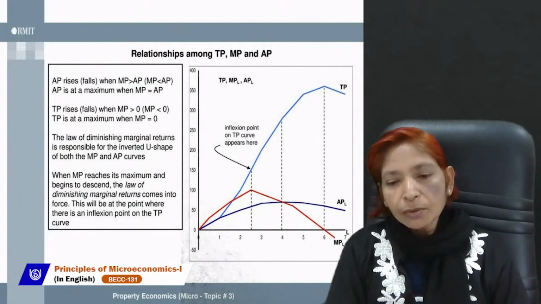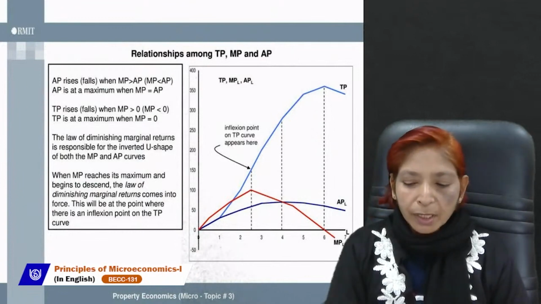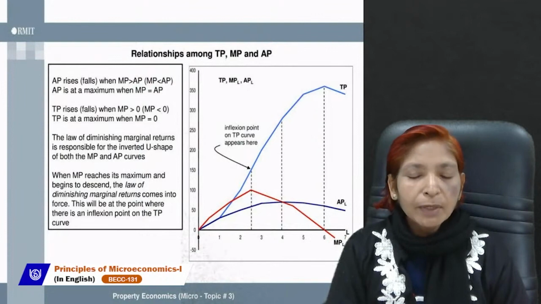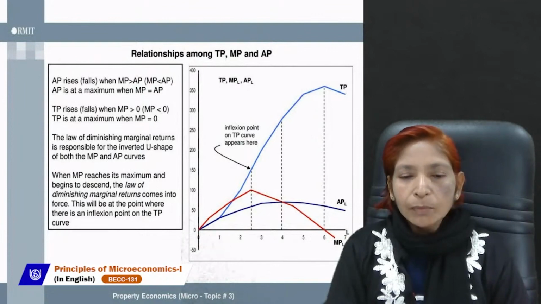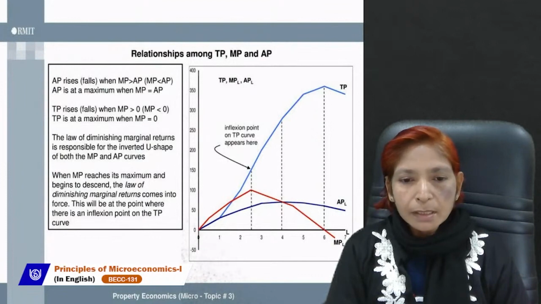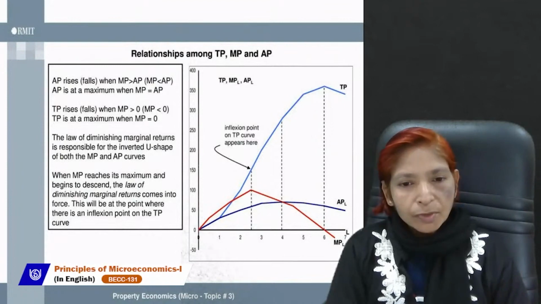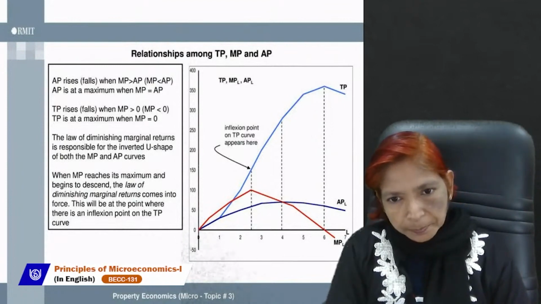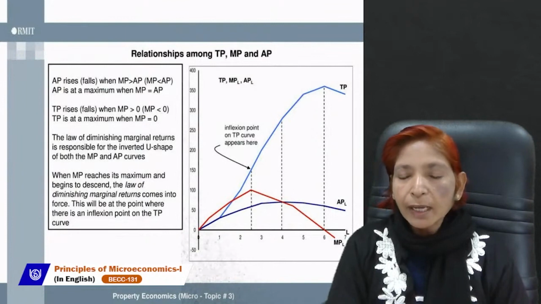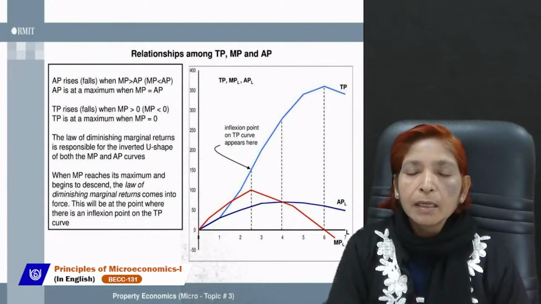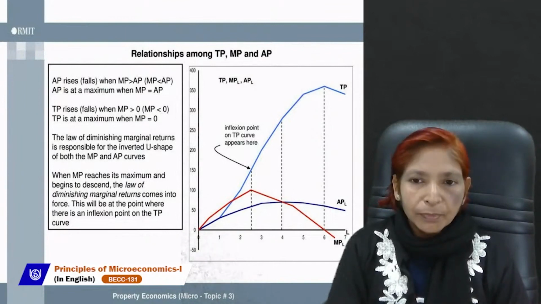MP can be 0, can be negative. And in the initial stage, TP will increase. When TP increases, AP increases, MP increases, that is called the inflection point on the TP curve, which is showing here. The next stage occurs when MP is 0 and TP is maximum.